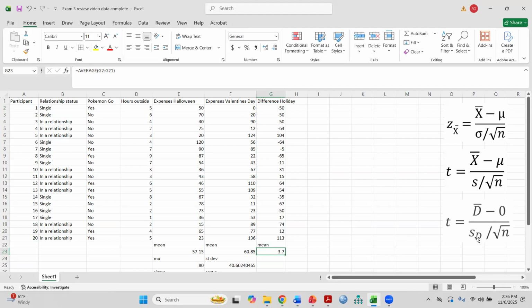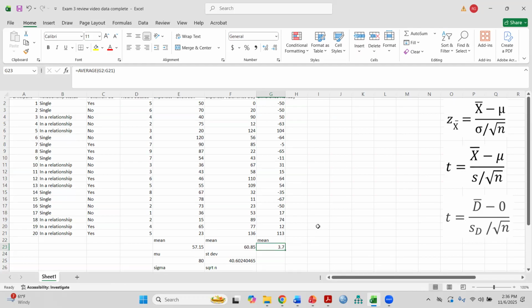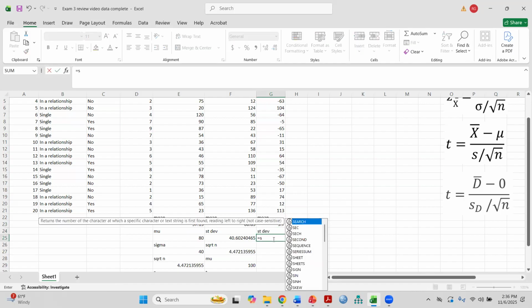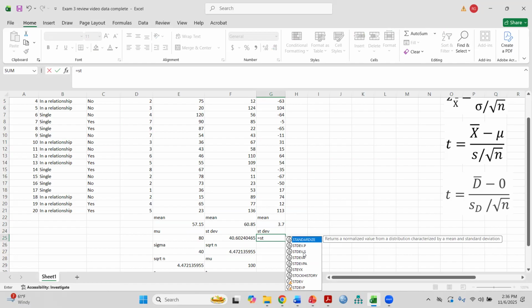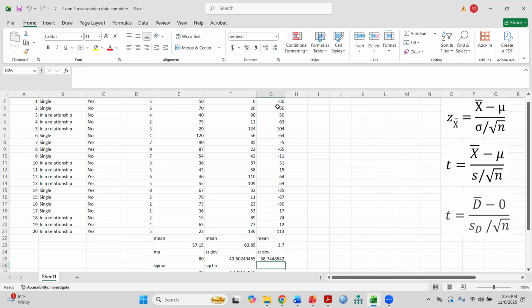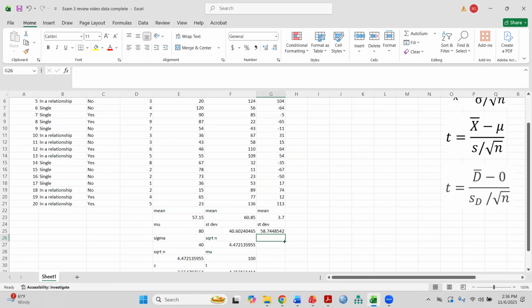Well, in order to convert that to a t-score, we need to divide it by the standard deviation of the difference scores over the square root of n, and this is also the estimated standard error here. So why don't we go ahead and do that? We're going to go standard deviation of the difference scores, STDEV.S of all these guys. Okay, so there's the standard deviation.